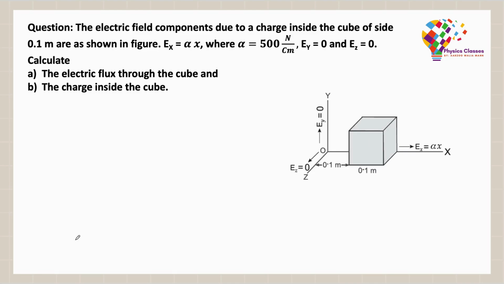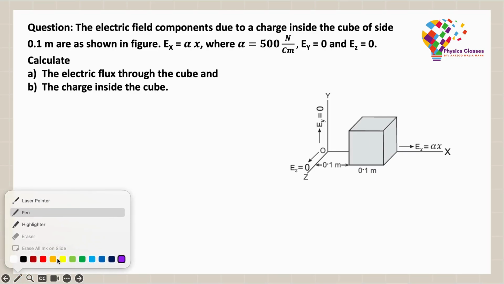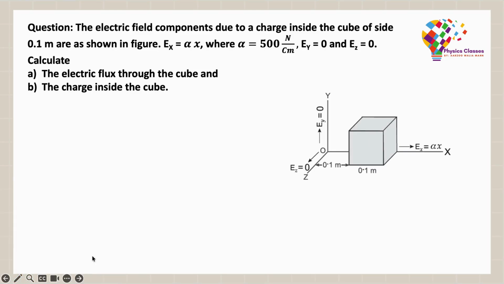Then Ex, that is the electric field along the x direction, is alpha x, where alpha is 500 newtons per coulomb meter. Ey and Ez are 0. We are supposed to find out the electric flux through the cube and the charge inside. Firstly, let me try and show you something over here. So we have electric field only in this direction and there is no electric field in the y or z direction.